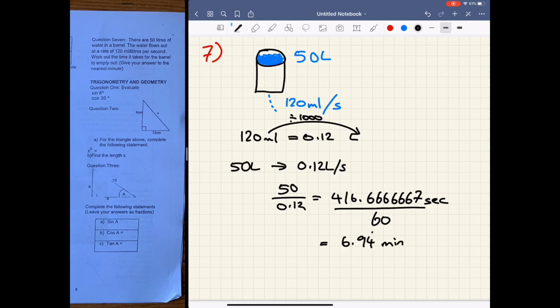Right, now it's asked for the nearest minute. So 6.94 is rounded up to 7. So roughly 7 minutes to the nearest minute is how long it will take for all this water to empty from the barrel.